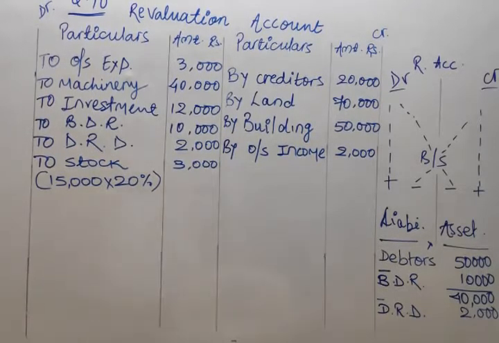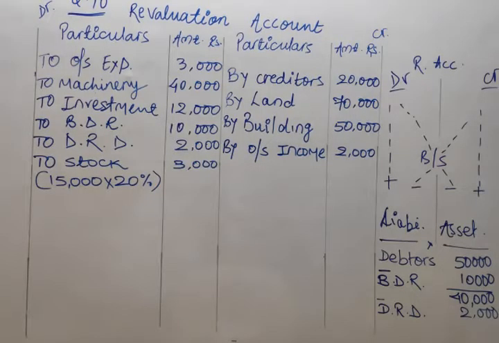On credit side, you must have 4 items. That is 20,000 of creditors, 70,000 of land, 50,000 of building, and outstanding income of 2,000. On debit side, 3,000 of outstanding expense, 40,000 of machinery because it is reduced, investment also reduced, so 12,000 of investment, bad debt reserve 20%, we did calculations also, you can go through it.